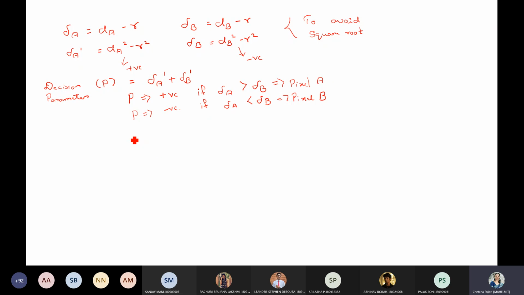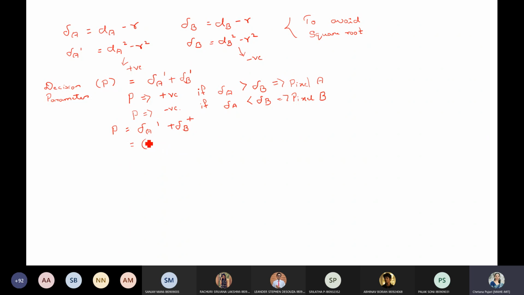So let's try to replace delta A naught and delta B naught with dA square minus R square and dB square minus R square. We'll just rewrite our equation. P is equal to delta A naught plus delta B naught.